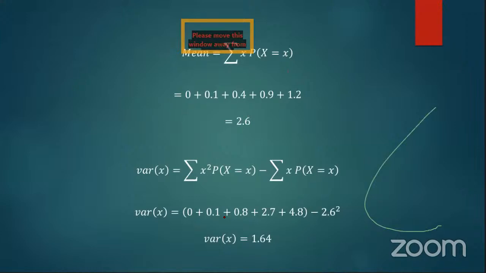We got the mean, and this was the answer, which was 2.6. So we have 8.4 minus 2.6 squared. When you check with your calculator, it should give you 1.64.